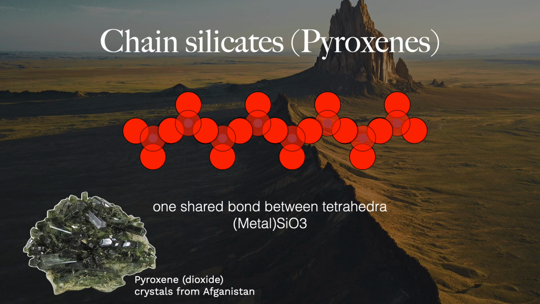This is a picture of a sample that was collected in Afghanistan. Chain silicates, or pyroxenes, are the most significant and abundant group of rock-forming ferromagnesian silicates, which is found in almost every variety of igneous, or molten lava, rocks. Ferromagnetism is important because, as we were speaking about in our last lecture, the Earth has a magnetic field.